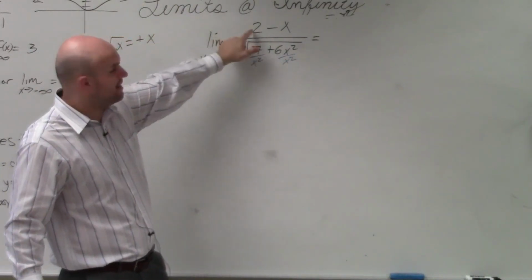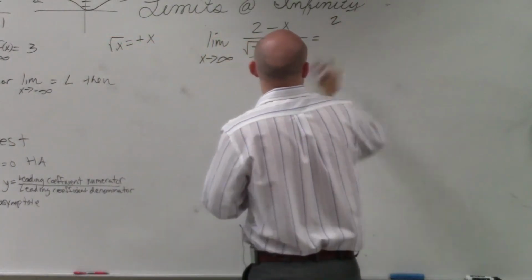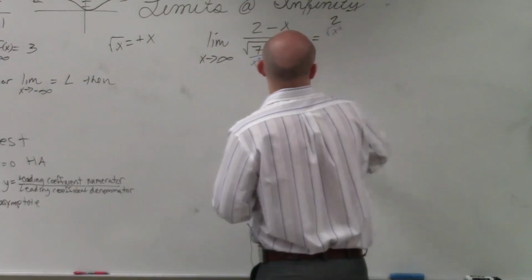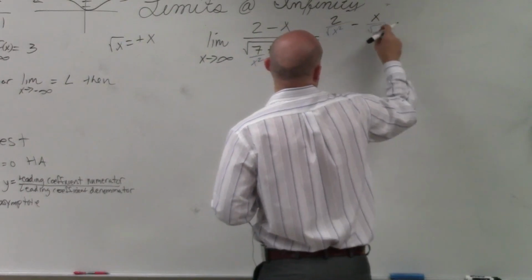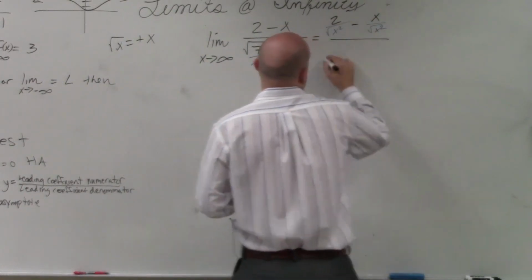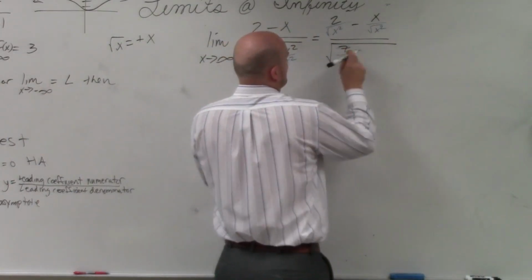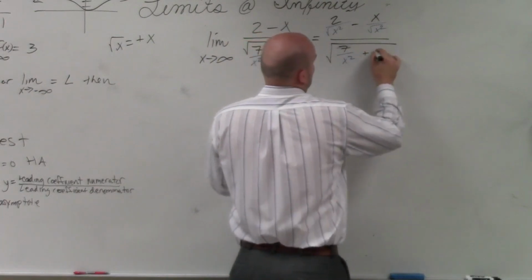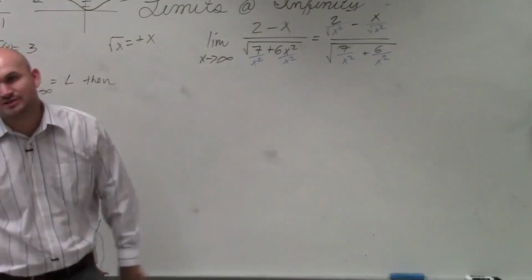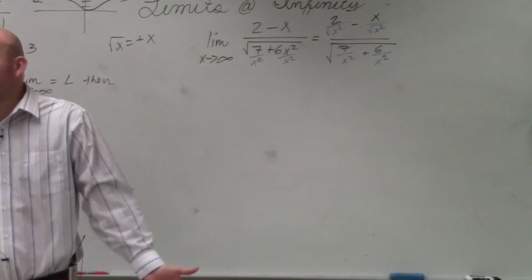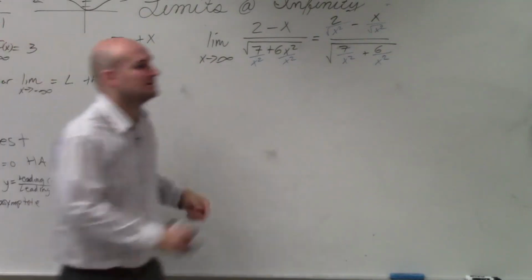So if I'm going to divide them for these two numbers, I got to make sure that I include that as far as under the square root. x squared minus x over square root of x squared divided by square root of 7 over x squared plus 6 over x squared. Now, as we already mentioned, the square root of x squared, fortunately for us, ladies and gentlemen, we know is going to be plus or minus x. Since x approaches infinity, we can just simplify that to be x.